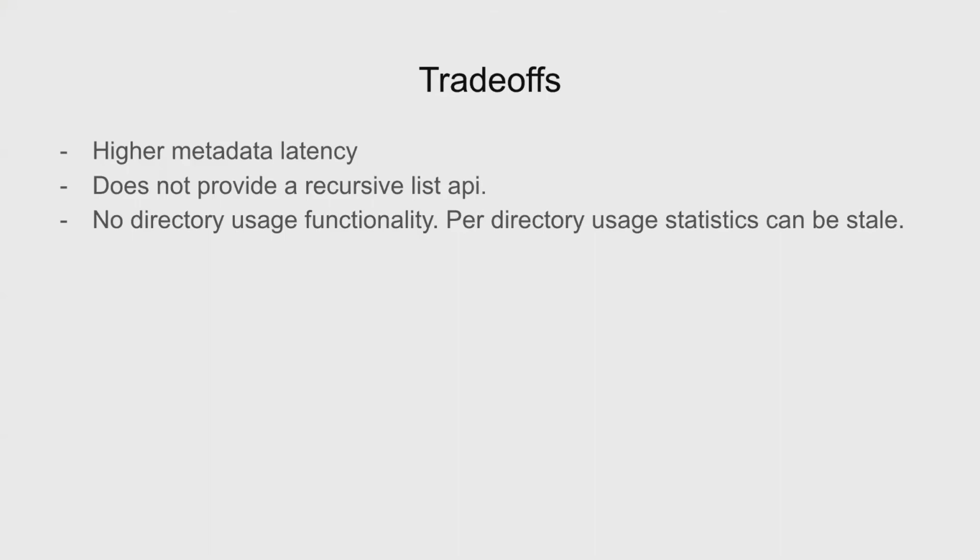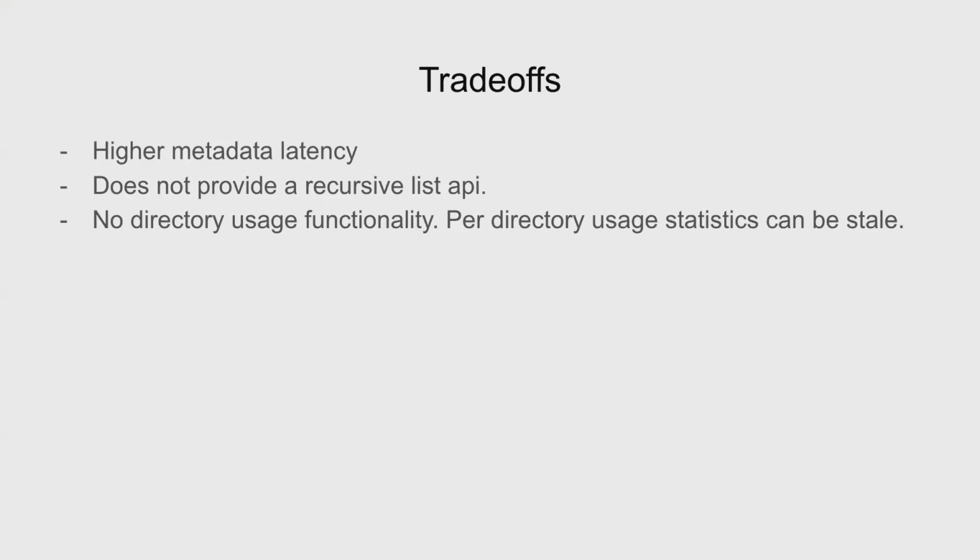So the client may end up requiring one or more network calls to get the data that they need. Tectonic also does not provide a recursive list API since all of the data on the metadata layer is hash sharded, as we saw. So listing directories in a directory will query many shards. So tenants need to build it themselves.